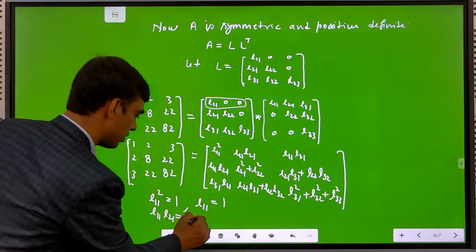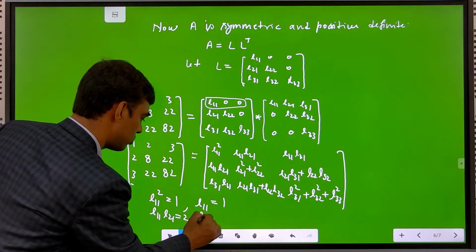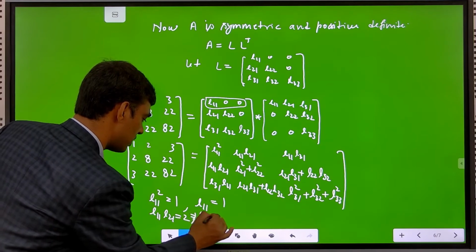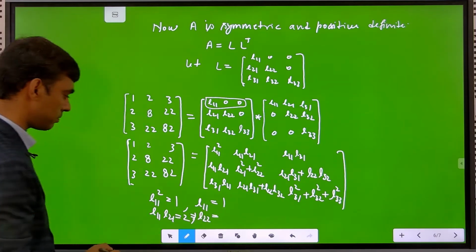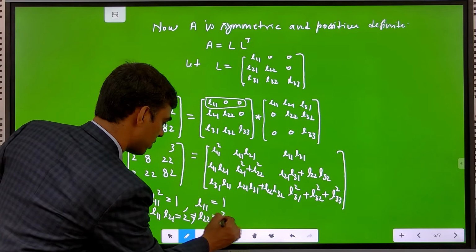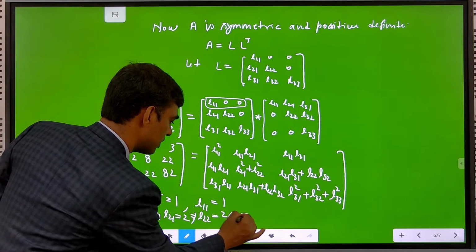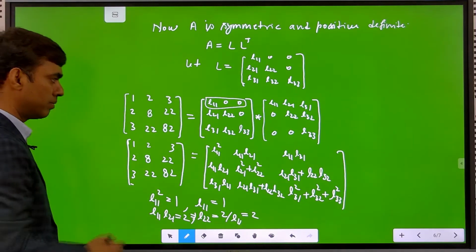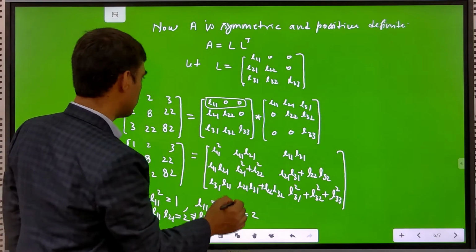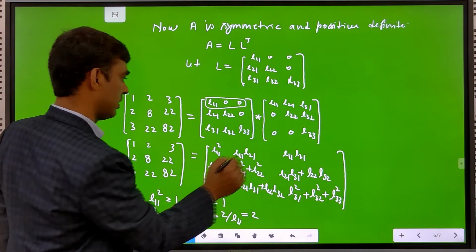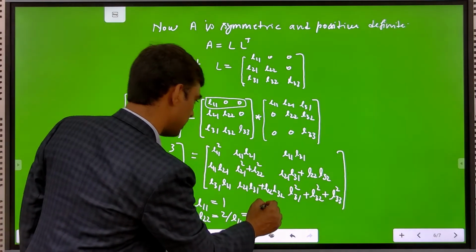Then what is the value of L22? L22 becomes 2 by L11, and this one equals 2. Similarly, we are able to find L31.